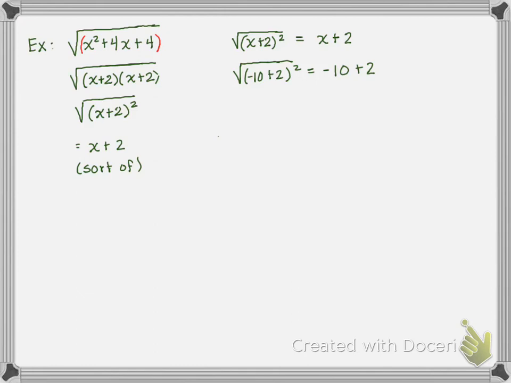It's not, is it? Because if you do negative 10 plus 2, you get negative 8. But negative 8 squared is positive 64. And what's the square root of positive 64? 8. It's just 8, right? Because we define that symbol to represent the principal square root, and that is not a true statement.